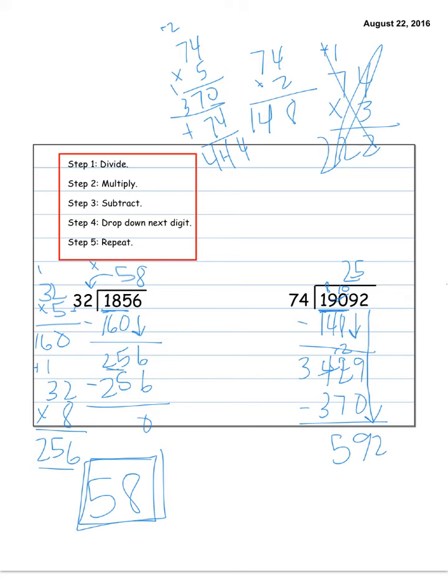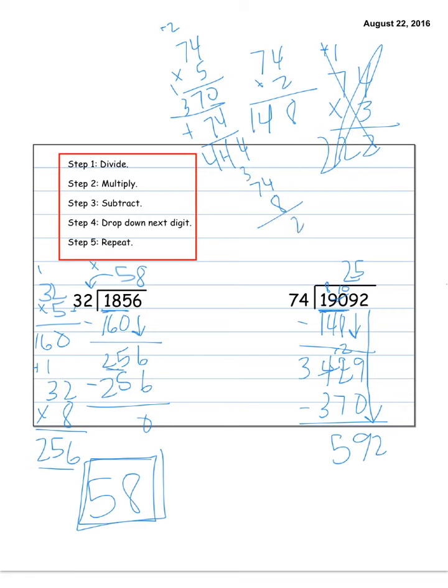Well, we checked 5, got us 370. We added one more, so 74 times 6 gets us 444. Okay, so let's try times 8 to see if this will work. 74 times 8. Well, 8 times 4 is 32.